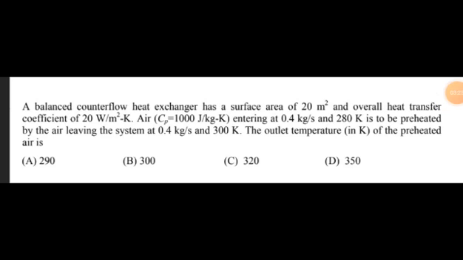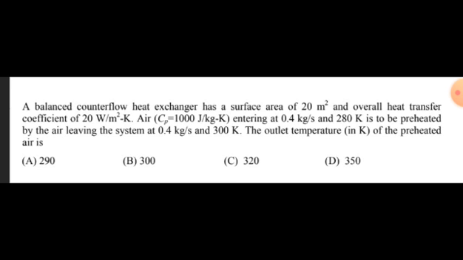Okay, this is the second question, which is from our topic heat and mass transfer. Now I will read the question. A balanced counterflow heat exchanger, note this, this is a counterflow heat exchanger, has a surface area of 20 meter square and an overall heat transfer coefficient, that is capital U, of 20 watt per meter square Kelvin.